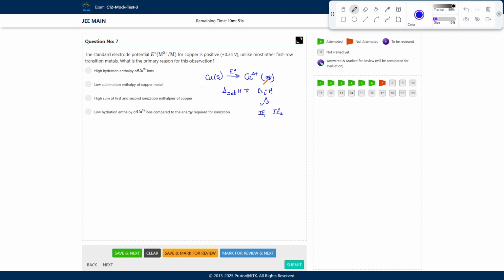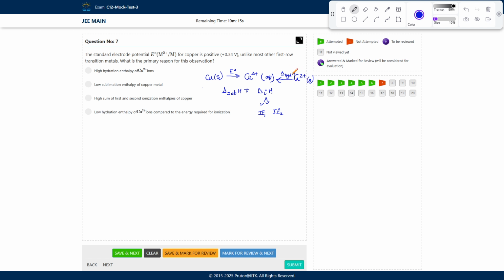And this is not compensated by the hydration enthalpy, which is for the conversion of copper 2 positive gaseous to copper 2 positive aqueous. So the energy for copper to copper 2 positive conversion is higher, being the sum of sublimation and ionization energy, and it is not compensated by the hydration energy.